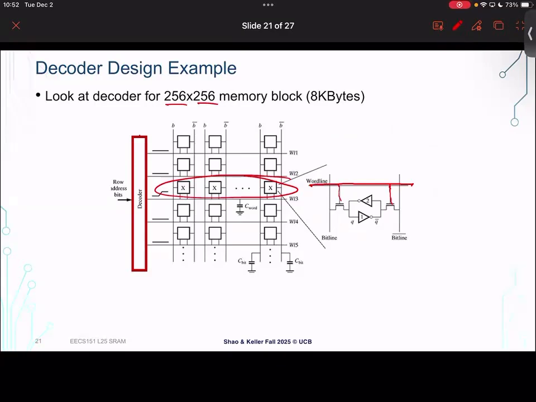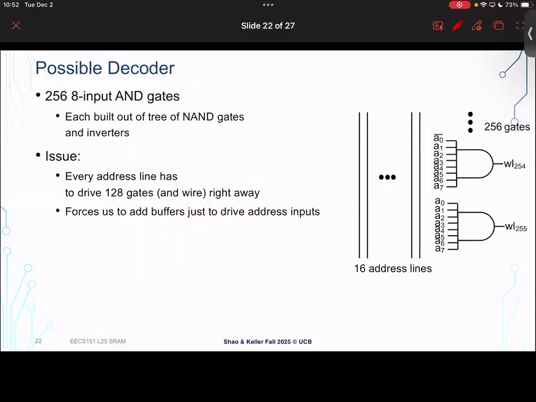Let's try to do a little bit more cleverness on the design for this 256 entry SRAM. So as we said, we could build it out of AND gates, 256 8-input AND gates. And with 16 address lines where we take our original 8 bits of address and then invert them.